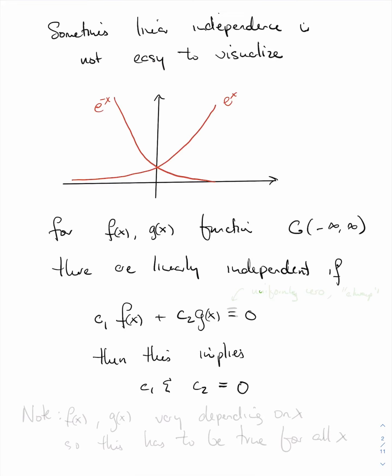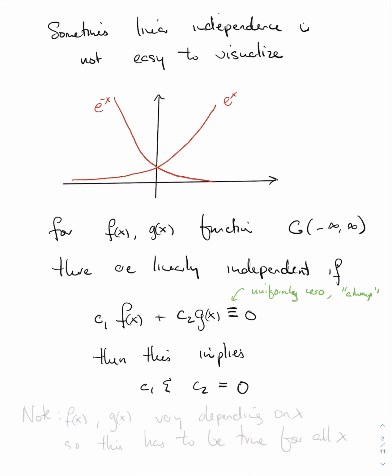Since we are doing functions instead of just vectors, it might be easier to think about what this 0 actually means. This 0 is the function. It is the 0 vector in this vector space. It is the function that sends everything to 0. So I'm going to add a triple line here to indicate that it's the function that is uniformly 0. It sends everything to 0, or it's always 0.